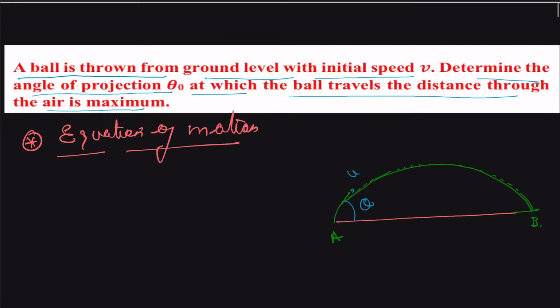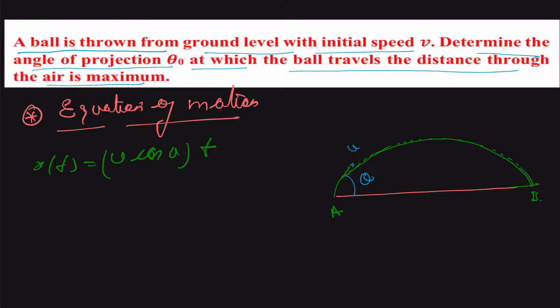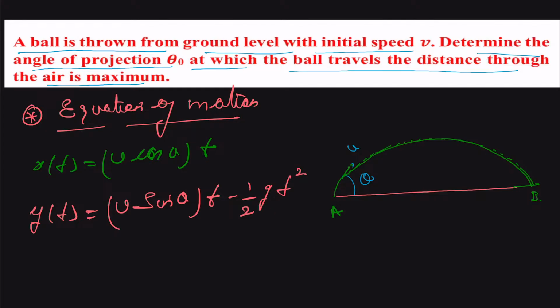For x of t we can write it will be equal to v cos theta multiplied by time t, that is the horizontal distance traveled, and in the y direction we can write y of t is equal to v sine theta times t minus 1 by 2 g t square.